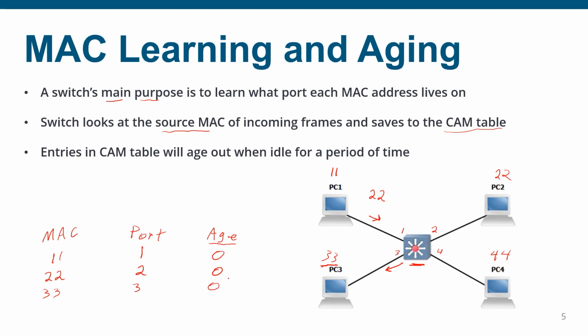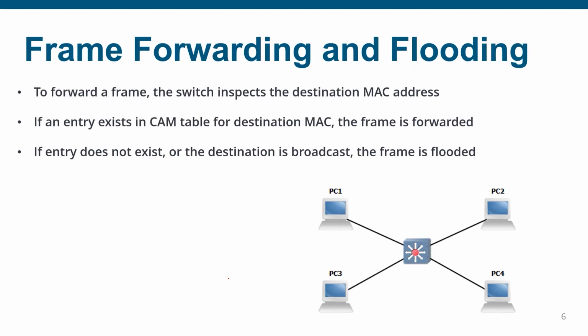Now, I've mentioned flooding and forwarding a little bit. To forward a frame, the switch inspects the destination MAC address. So it's trying to build its CAM table so that it can forward frames appropriately. If an entry exists in the CAM table, it forwards that frame out that port. However, if it does not exist, or the destination is a broadcast, then the frame is flooded out all ports in the same broadcast domain, except for the port that it came in on.